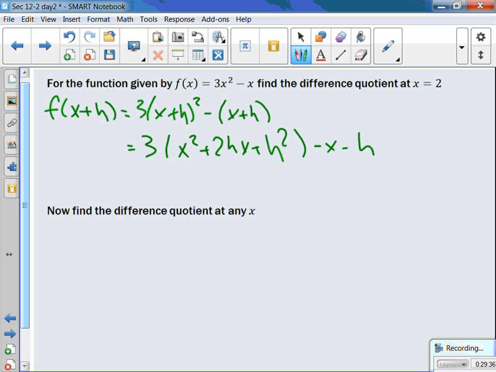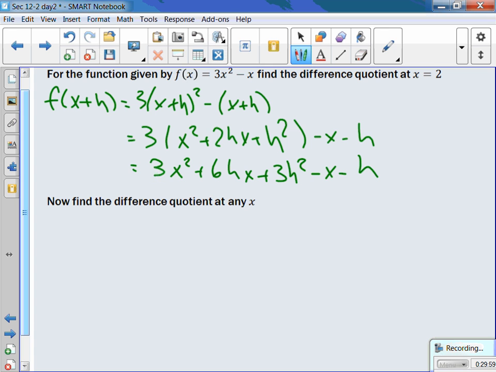Distribute our 3. Distribute the negative up here. Minus x minus h.